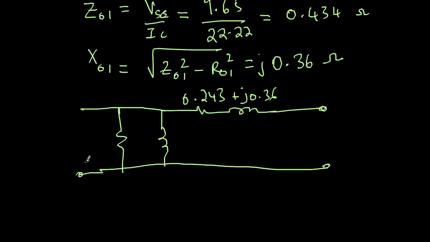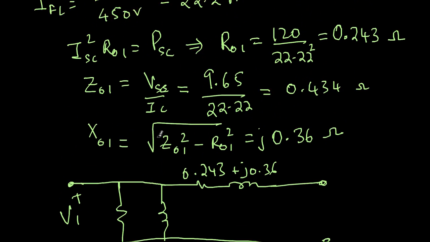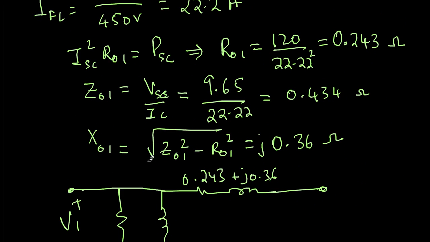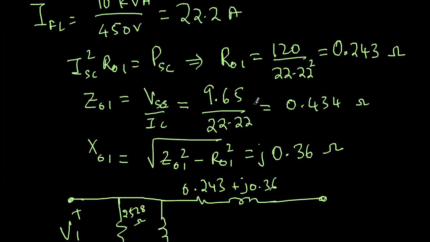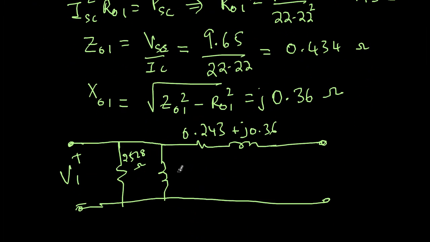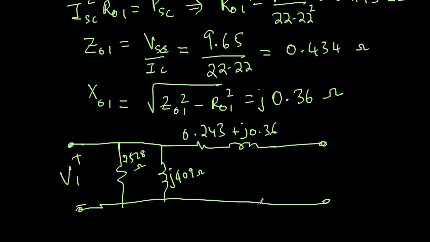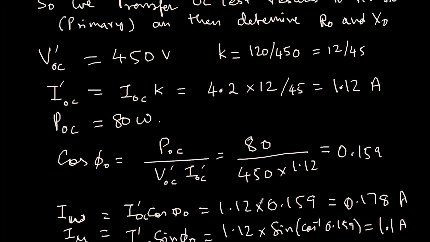This is the supply voltage V1, 450 volts. This is R0, which is 2528 ohms, and this is X0, which is 409 ohms with a J. So this is my equivalent circuit for the system. The problem is still not over.